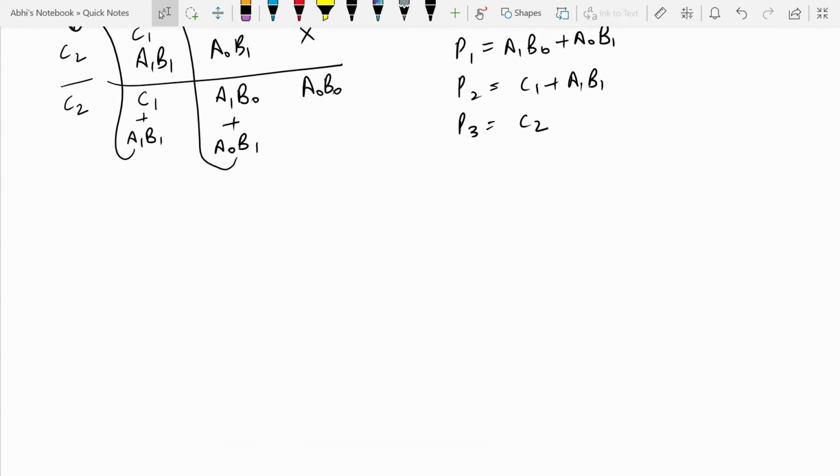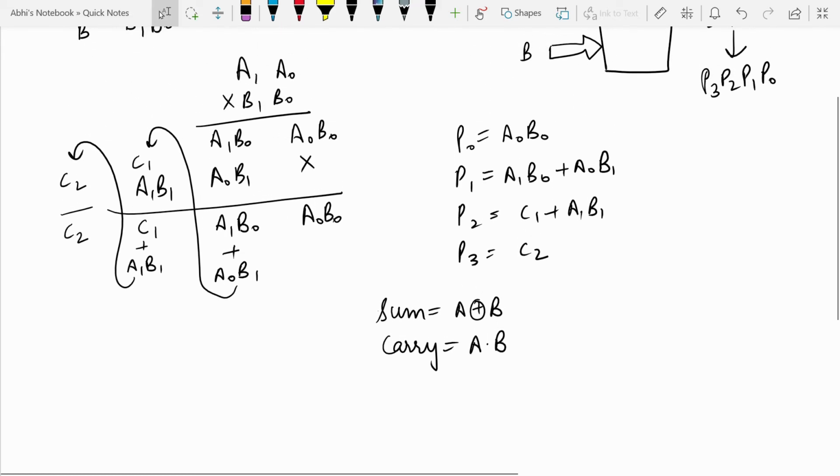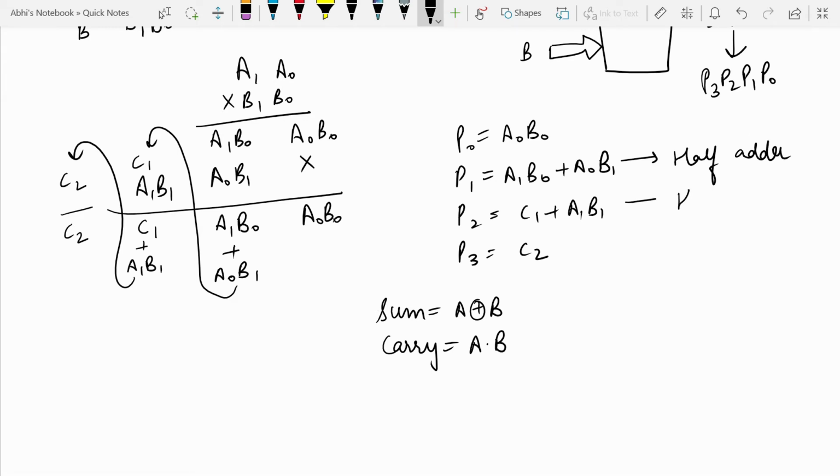So now as we learned in the half adder, when we add two numbers, let's suppose the two numbers to be A and B, the sum is A XOR B and the carry is A dot B. So in this case, we'll need one half adder for P1 and one half adder for P2.